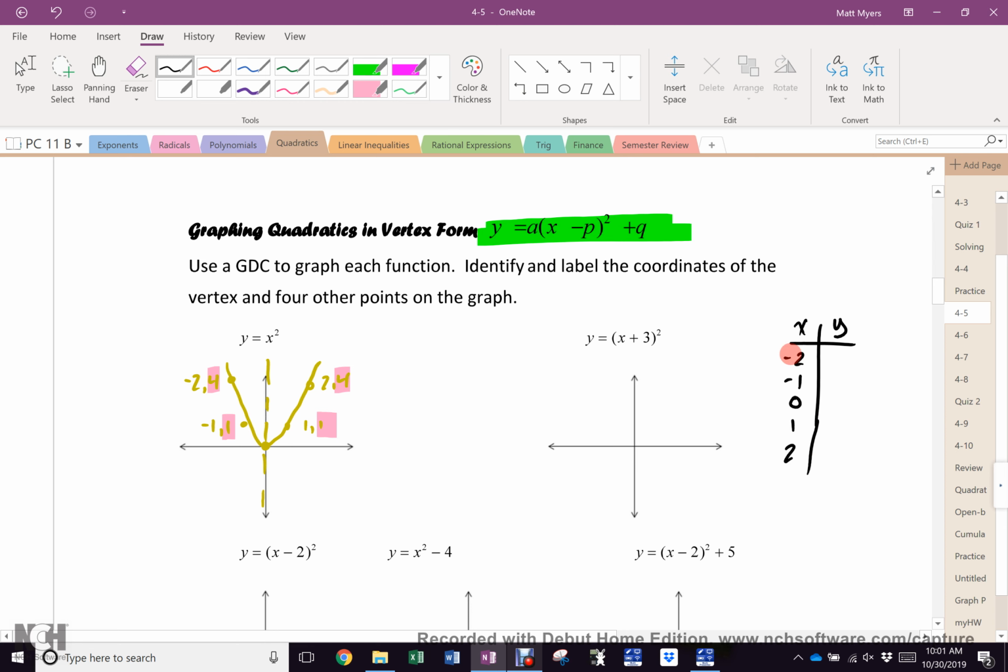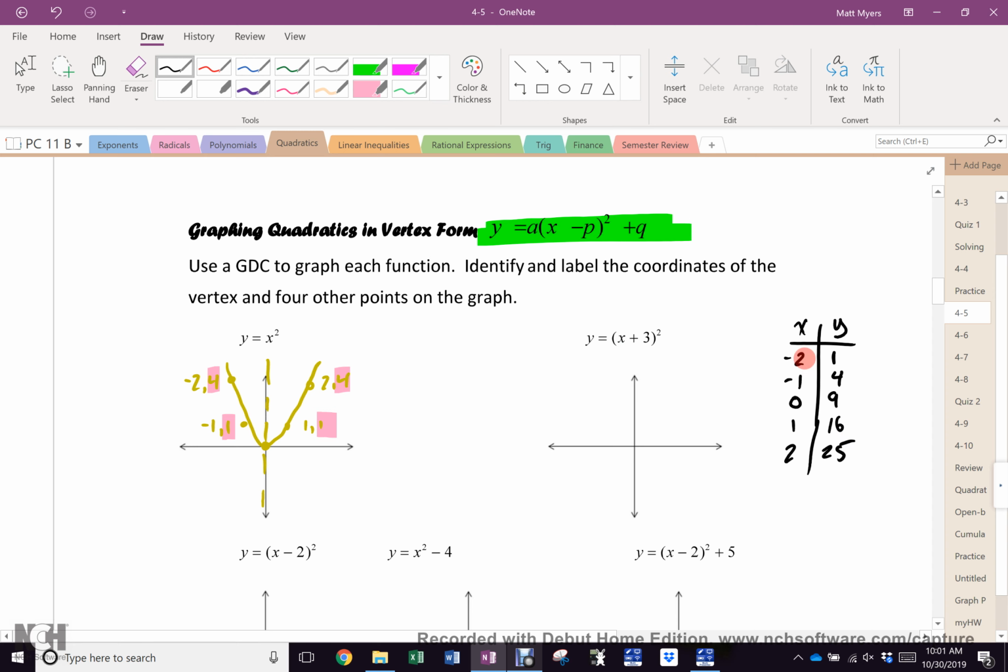Well, what's -2 plus 3? 1. What's 1 squared? 1. What's -1 plus 3? 2 squared? 4. What's 0 plus 3? 3 squared is 9. What's 1 plus 3? What's 4 squared? 16. What's 2 plus 3? What's 5 squared? Now there's a problem here, isn't there?